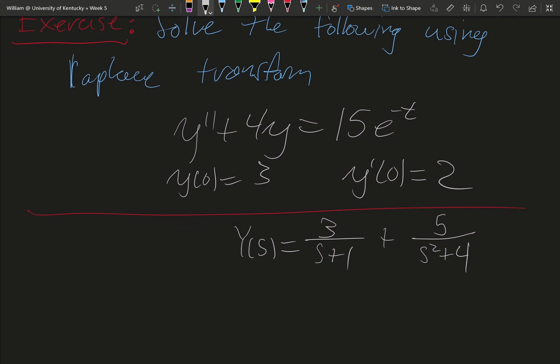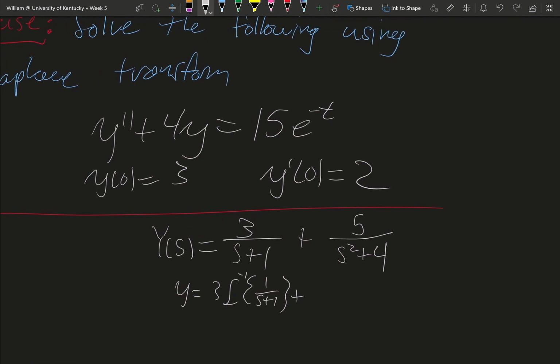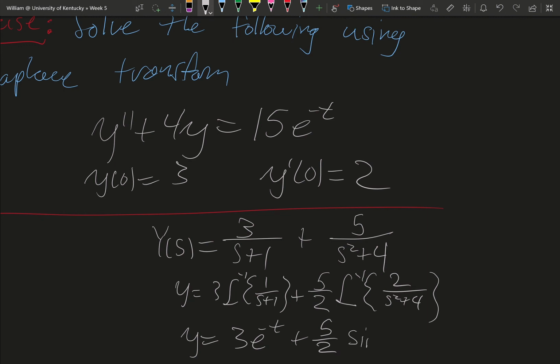And now, here's one little thing. Remember, for the formula for sine, I have to have that the numerator is the square root of this constant term. So I have to bring out a 5/2 and leave a 2 in there. And this would give me my final answer of 3 e to the negative t plus 5/2 sine of 2t.